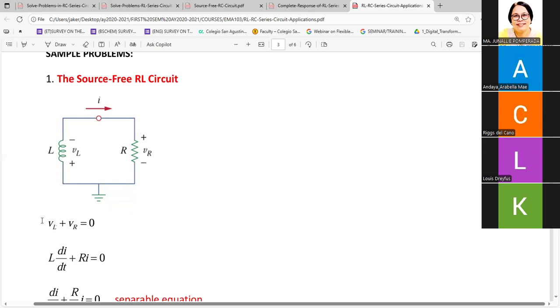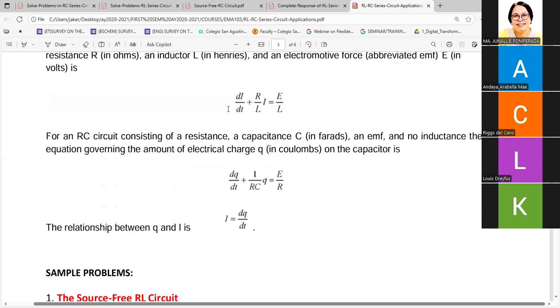So the voltage drop across the inductor plus the voltage drop across the resistor should be equal to 0. If you have an electromotive force, this would be equal to the electromotive force E. Now, based on what you have learned on top, this is your RL circuit.